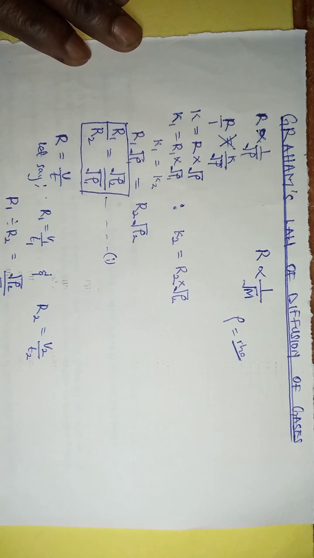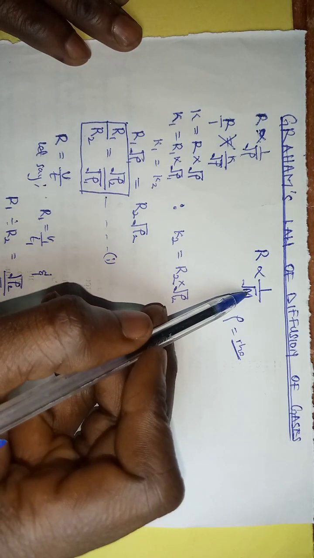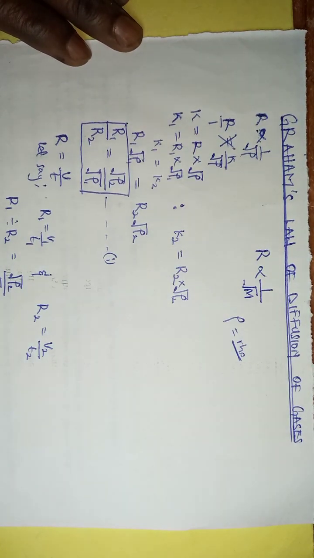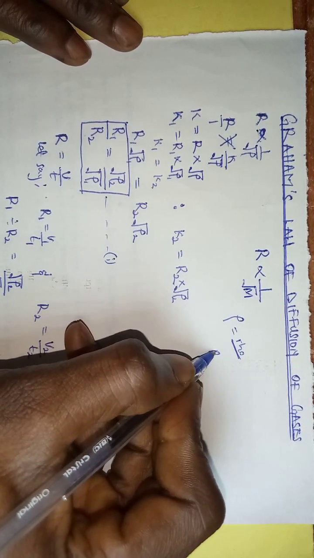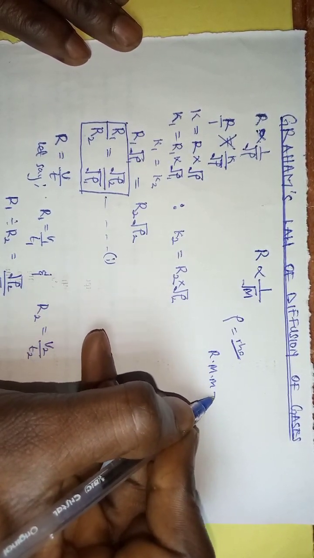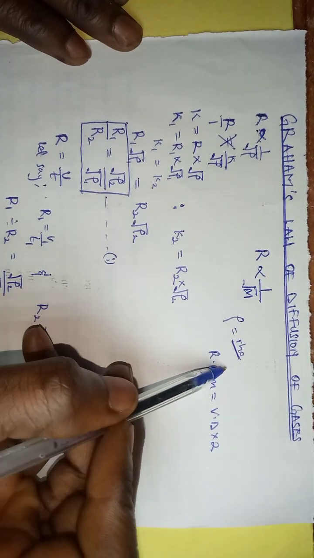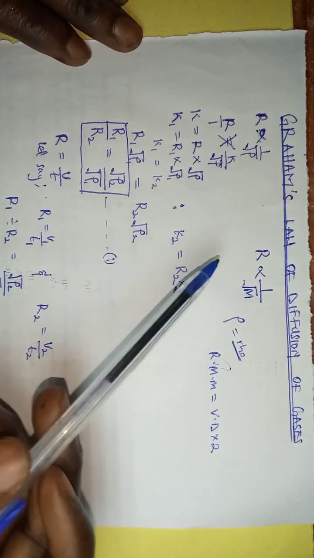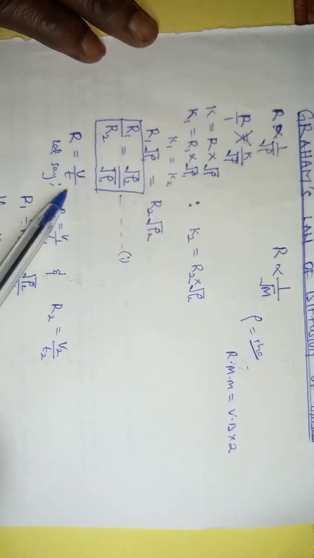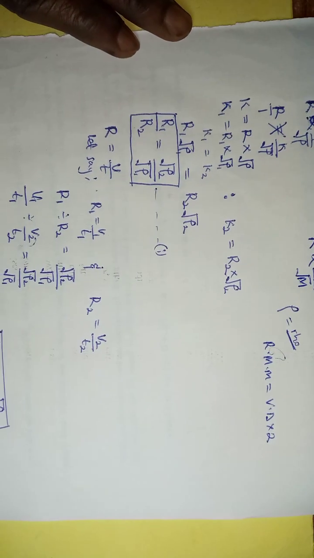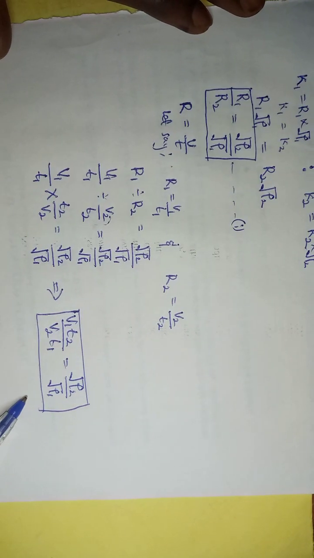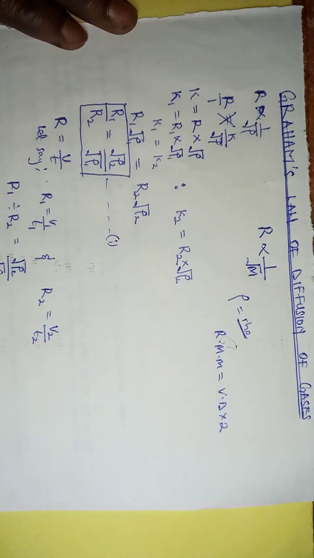But sometimes you will not be given the relative molecular mass, but you will be given the vapor density. The relative molecular mass is equal to vapor density multiplied by 2, so you multiply the value by 2 to get M. The same steps you used for this proof apply here, up to this point. So the same thing we are going to do here also.